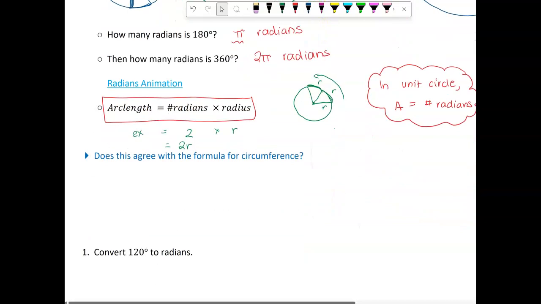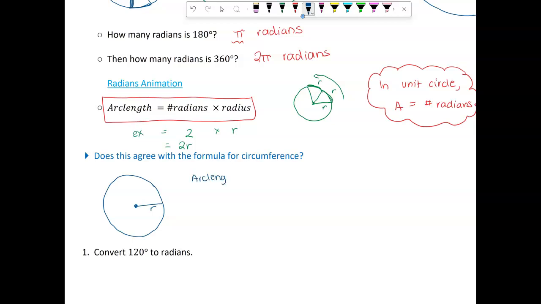How is this related to the circumference? Well, if you think about a circle with a radius r, the arc length for this will be equal to, again, the number of radians times the radius. And so the number of radians, if we go a full circle here, is 2 pi, right?